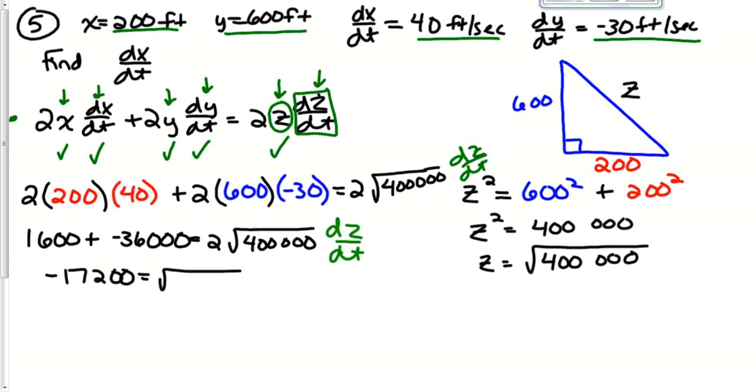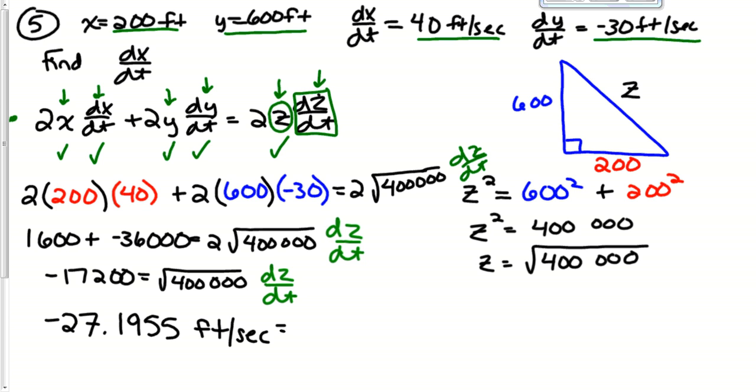And that's equal to the square root of 400,000 times dz/dt. Then I'm going to divide by the square root of 400,000, and when I do that, I get negative 27.1955 feet per second. I'm going to throw my units on there. And that is going to be my dz/dt.